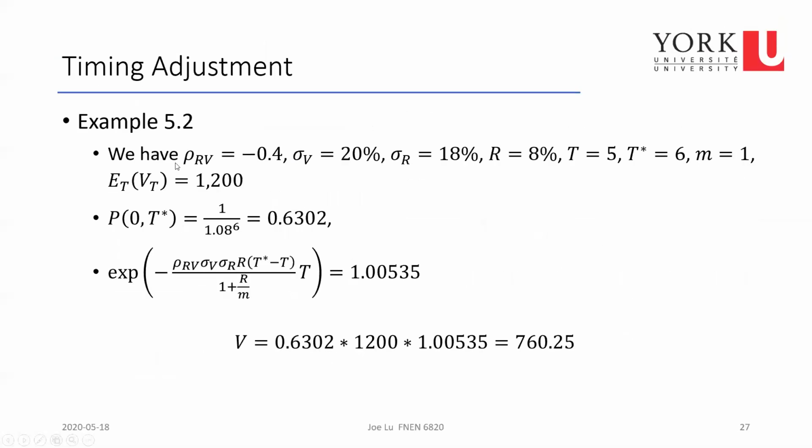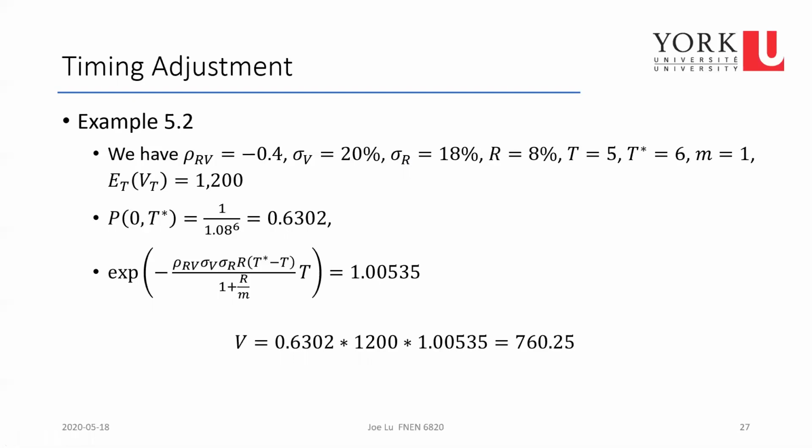So for the example that we've had, just put in the numbers, the correlation is minus 0.4, 20% volatility for V. For the rate, the volatility is 18%. 8% is the initial discounting rate, and big T is 5, T star is 6, M is 1.